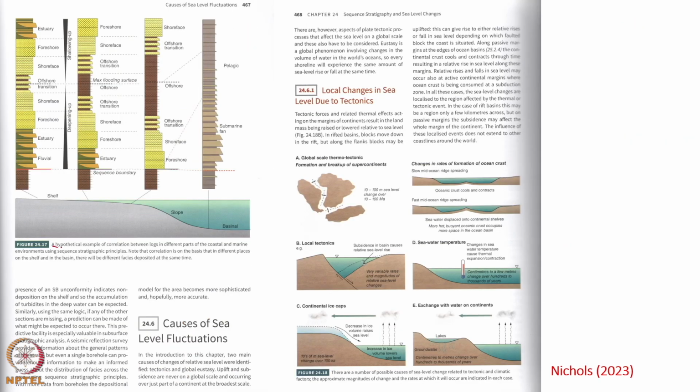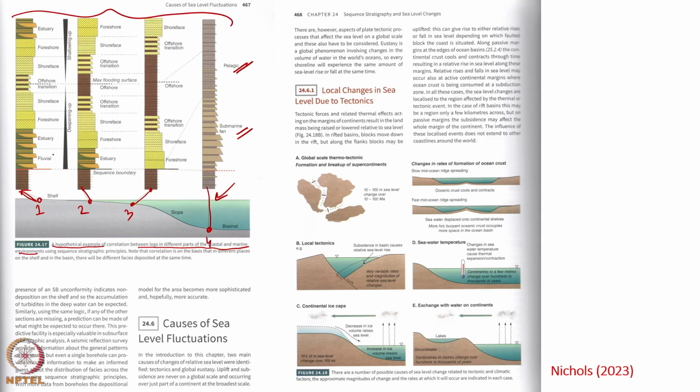Consider a hypothetical example of correlation between logs in different parts of the coastal and marine environment. This log comes from this area, this log comes from this area, this log comes from this shallow sea area, this one comes from a much deeper area. Since this one is coming from a much deeper area, most of the sediments are submarine fans and pelagic deposits, and because of the difference in locations 1, 2, 3 and 4, lithology-wise we find a difference as well.